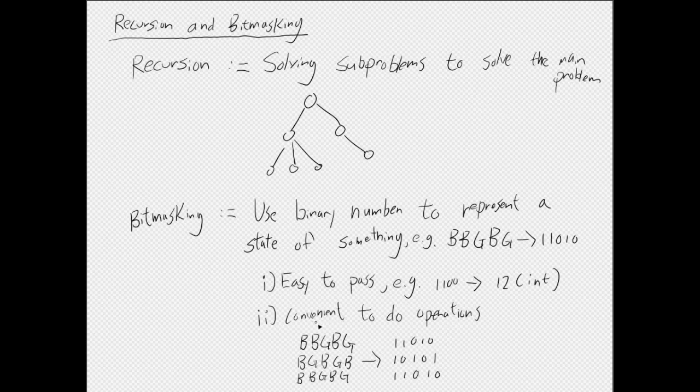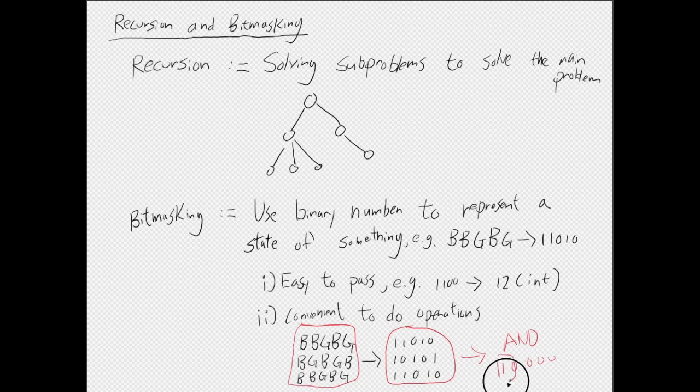Let's go back to our first example. This is a row of seats, and you can imagine this is a classroom. This is the first row of seats, then the second row, and the third row. Now if we represent this as binary numbers, we can do some interesting operations. For example, if we AND all the numbers, we will get something like this: 1 0 0 0 0. So what does it tell us?